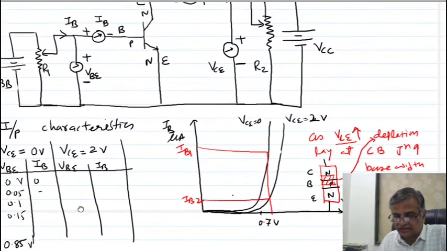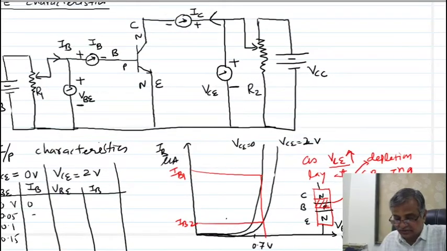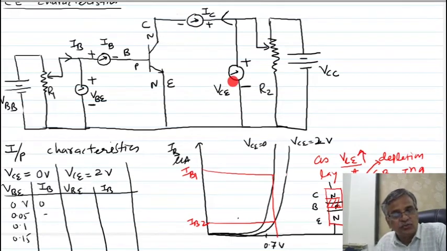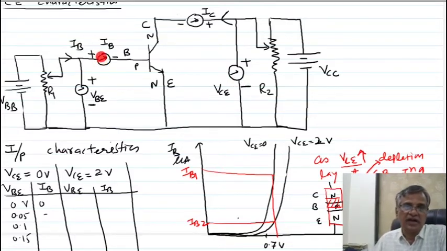So what are output characteristics? The graph of output collector current versus output collector emitter voltage for a different value of the input base current is called output characteristics.